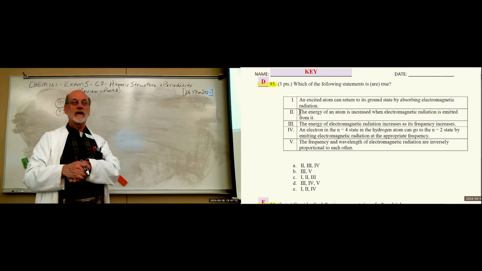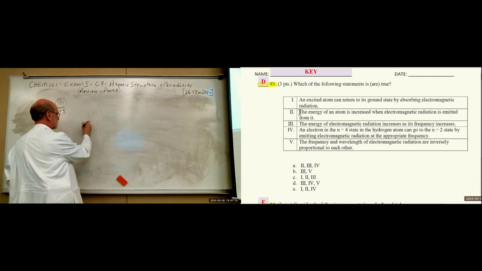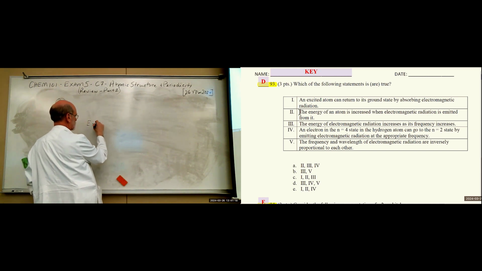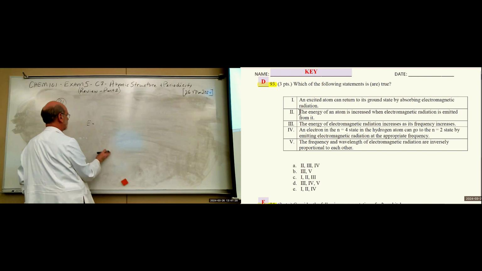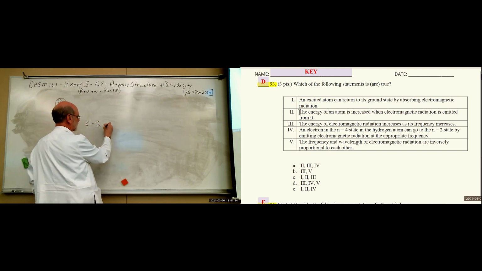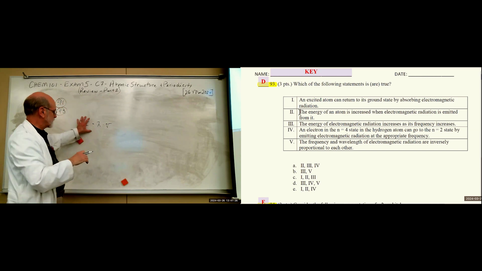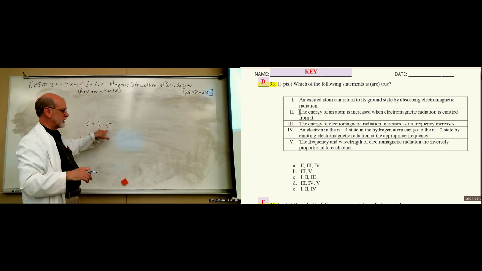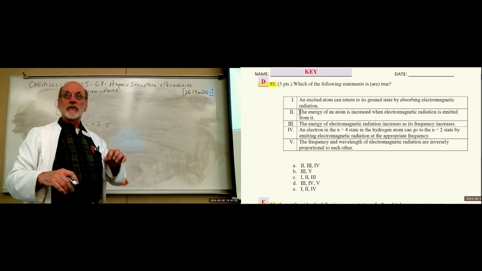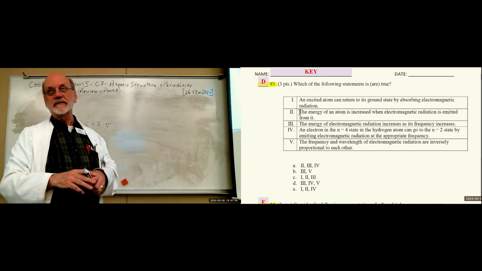Yes, they are. Right? Speed of light is a constant, equal to wavelength times frequency. Anytime you get a constant equal to a product, these are inversely proportional to one another. Right. So 3, 4, and 5 are all true. That's D.